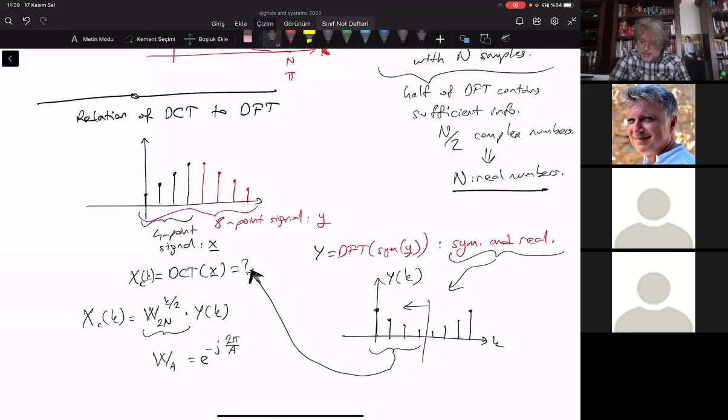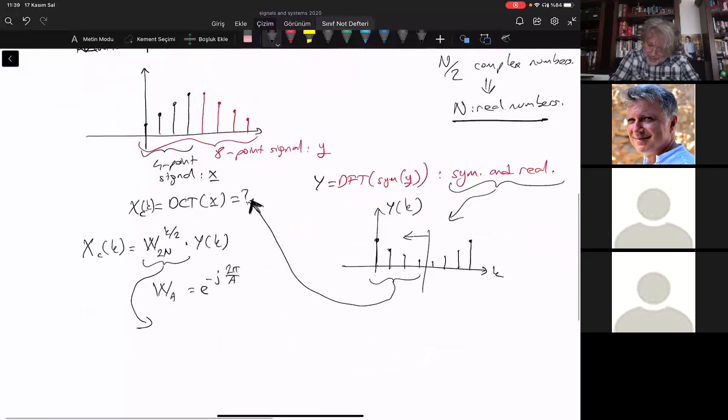Okay, so W sub 2N is e to the minus j 2 pi over 2 capital N, and W sub 2N to the power k over 2 is e to the minus j 2 pi over 2 capital N times k over 2, which means this is essentially e to the minus j pi over 2N times k, I think, if I'm not mistaken.